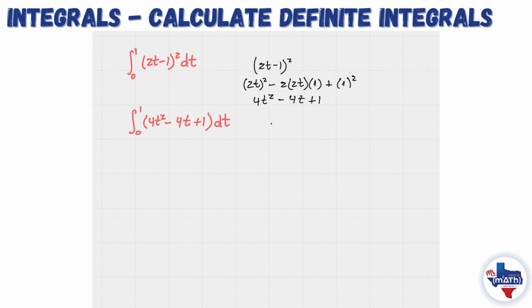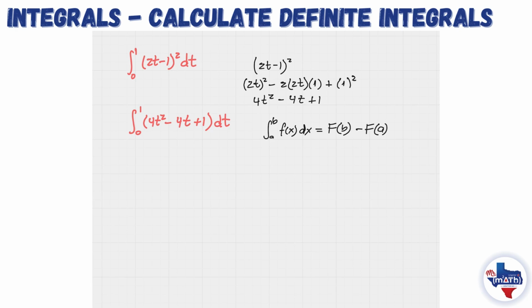Now let's remember as well that the integral from a to b of a function f of x dx is equivalent to the antiderivative evaluated at the upper bound minus the antiderivative evaluated at the lower bound. Okay, so let's integrate first.